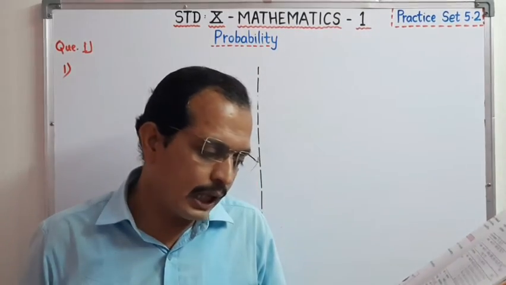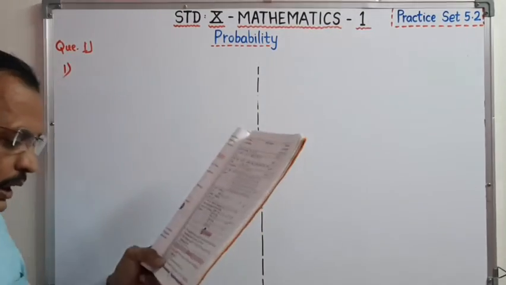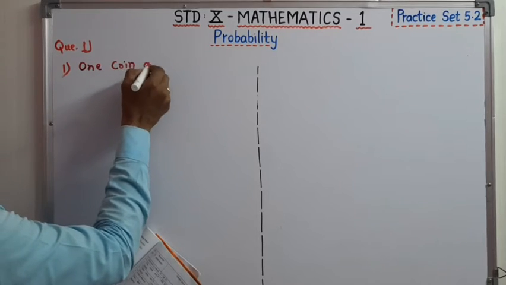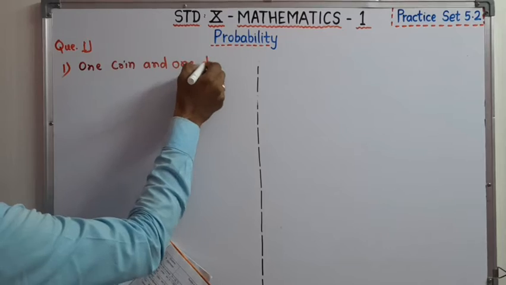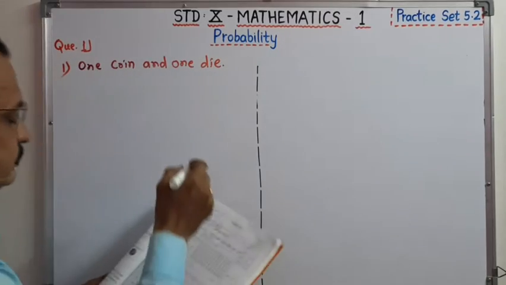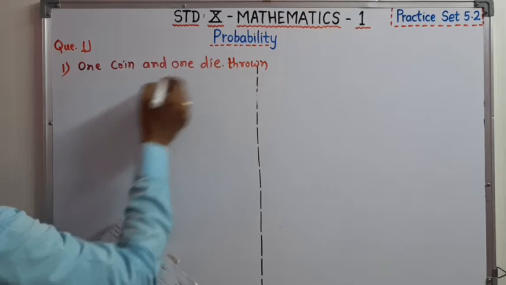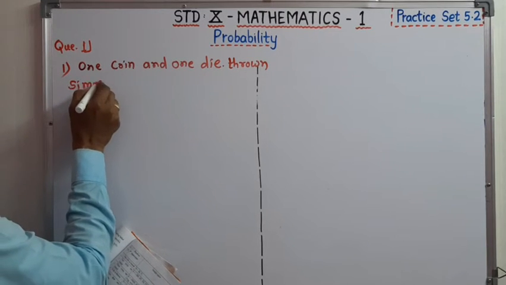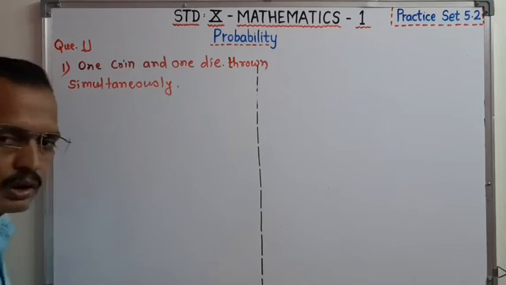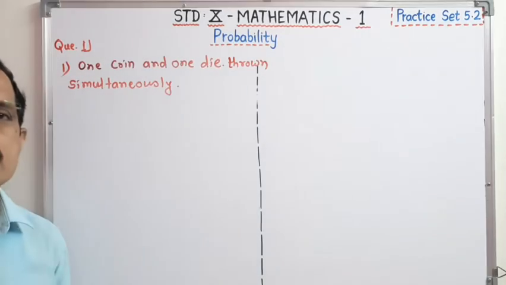One coin and one die are thrown simultaneously. For this experiment, we have to write the sample space and sample points.